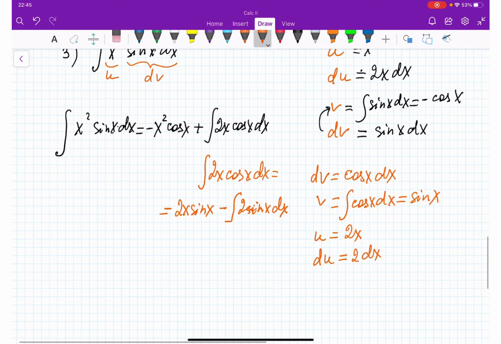All right, so from here we have 2x sine x plus 2 cosine x plus c.